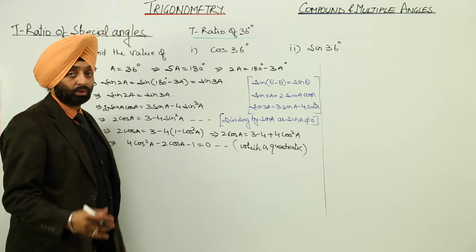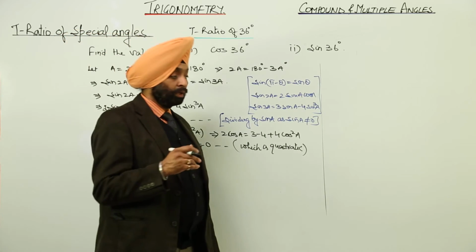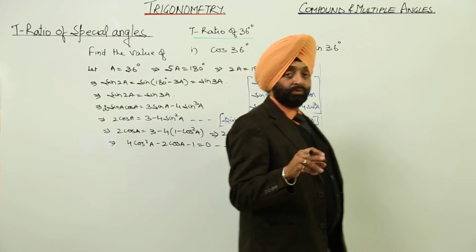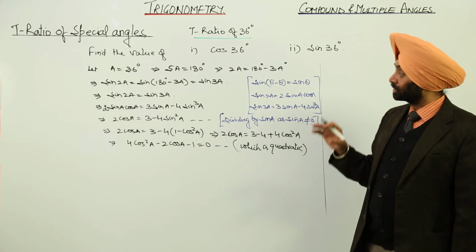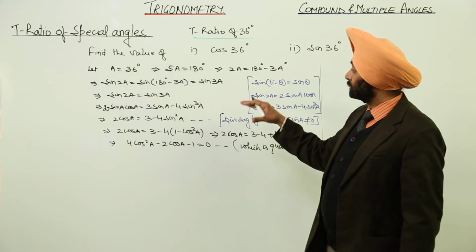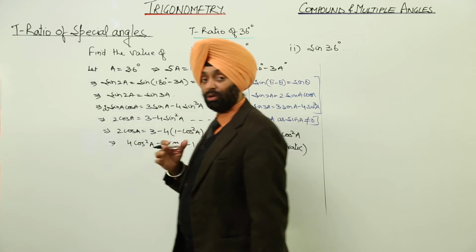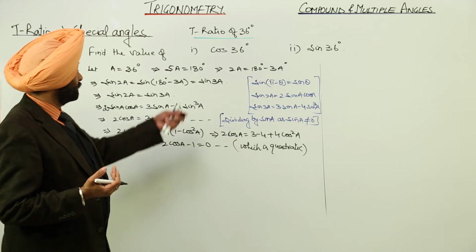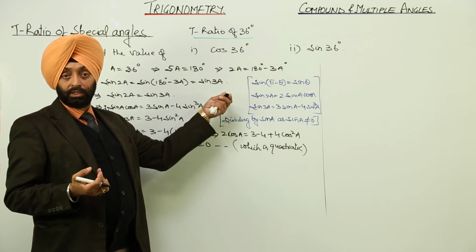Earlier we first got the value for sin 18 and then cos 18. Now for 36, we are first taking values for cos, because here we are getting sin 3A.